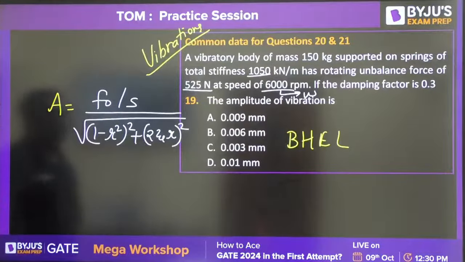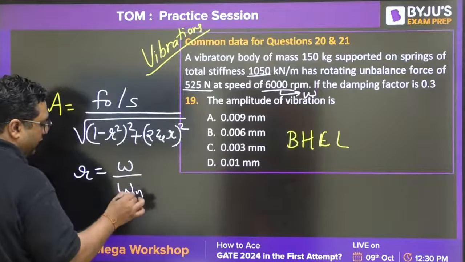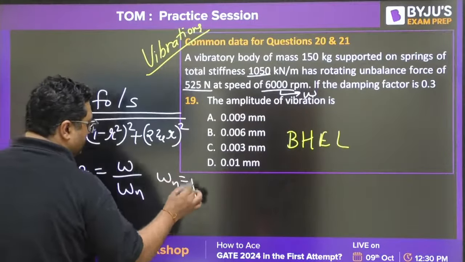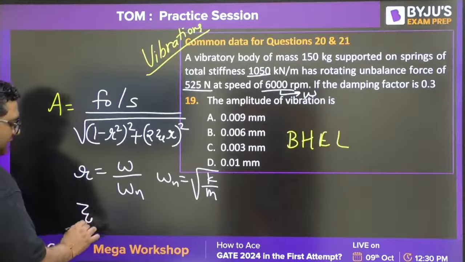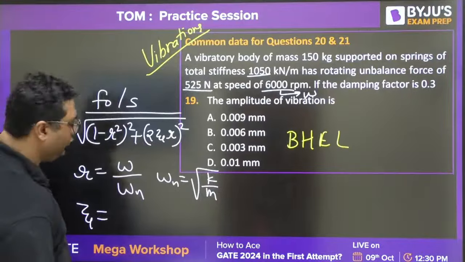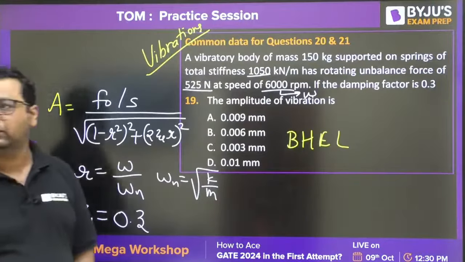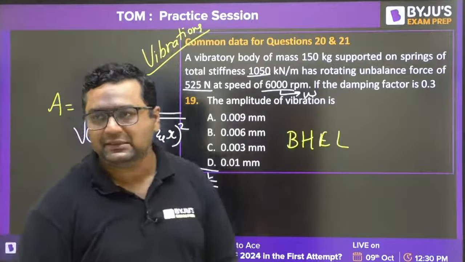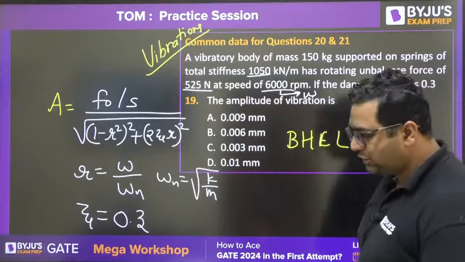You know that r is omega by omega n. Omega n is root k by m. Zeta is already given to you as 0.3. Solve it, guys. One more question after this.